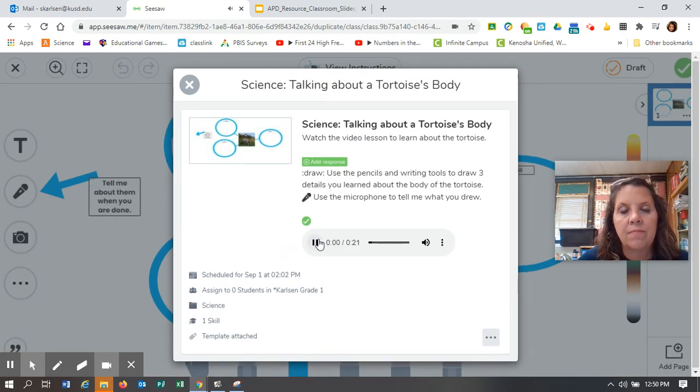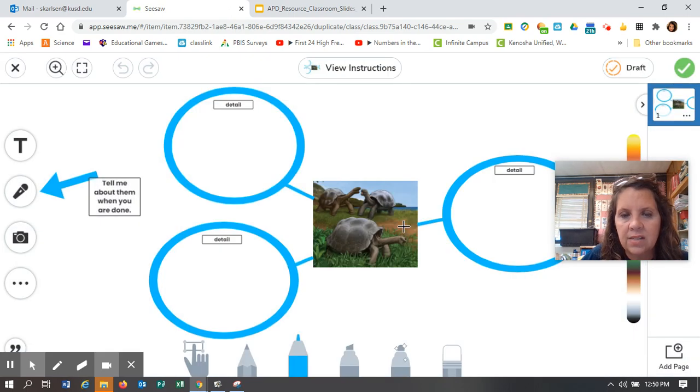Watch the video lesson to learn about the tortoise. Click on the green Add Response button. Then use your pencils and drawing tools to draw 3 details you learned about the body of the tortoise. Use the microphone to tell me what you drew. Click on the green check when you're done. Okay, so I have to use the pencils and the drawing tools to draw 3 details about the tortoise.